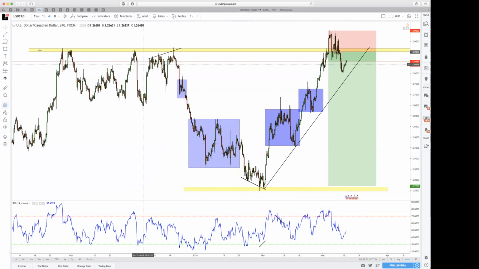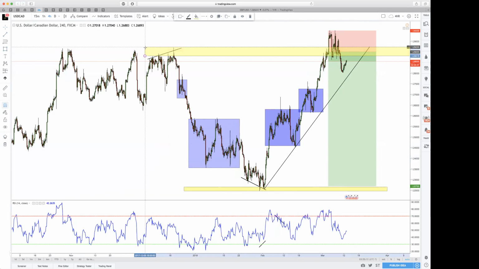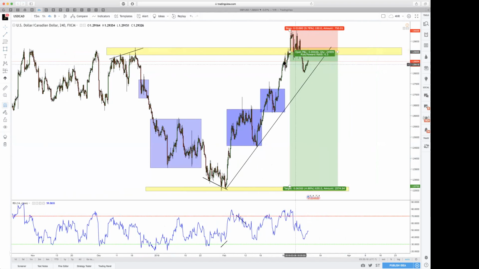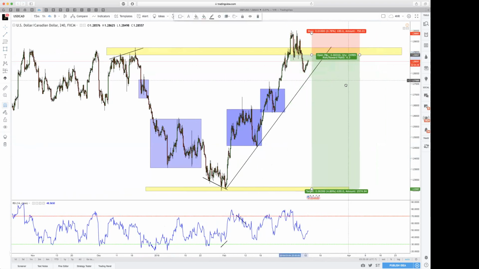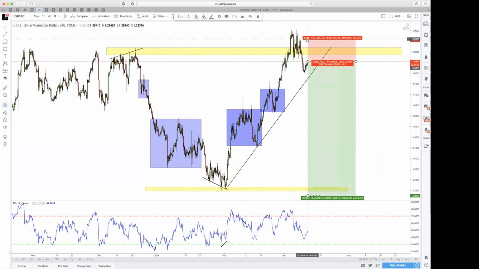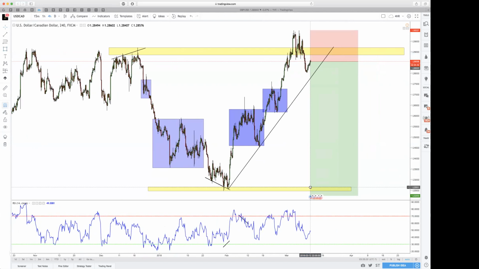Now the M formation, if I go based on this right here. Okay, the second leg is right here. Perfect. Now, first leg, second leg. Okay, if I do sell it here now, I stop above it, take profit right here.